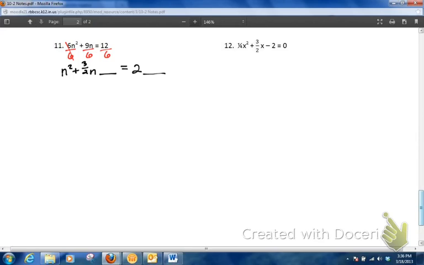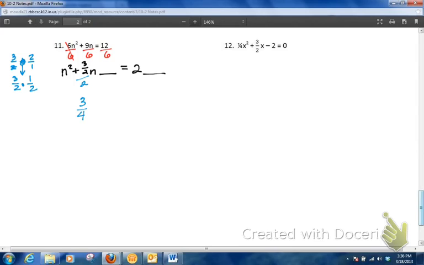I'm going to take half of this middle term. So 3/2 divided by 2 is what? Well, it's actually 3/4. Because like I said, dividing by a fraction, 3/2 divided by 2/1, you got to remember, dividing means to multiply by the reciprocal.